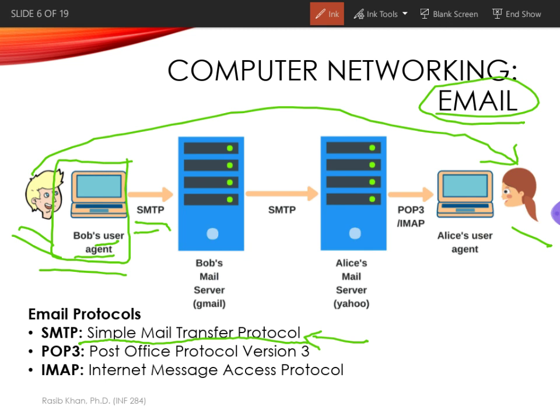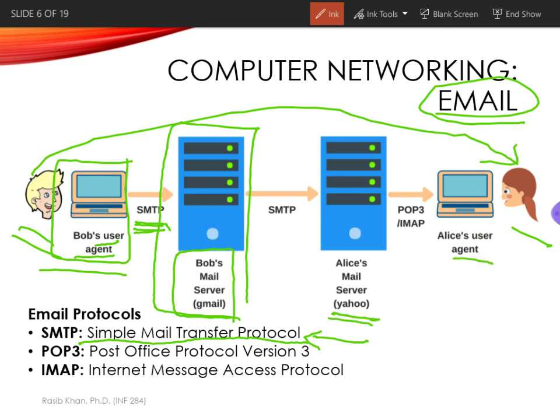So first the email is forwarded to Bob's mail server. The mail server, again, is another computer which is running the SMTP service and receives the email. And when it looks at the email, it sees that Bob is trying to send the email to Alice, who is, for example, on Yahoo.